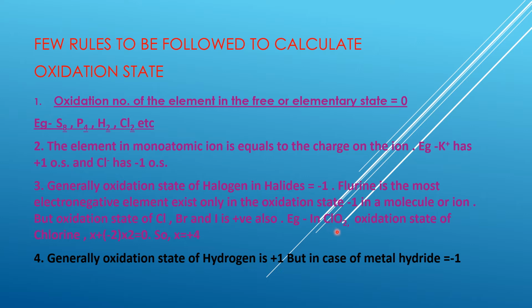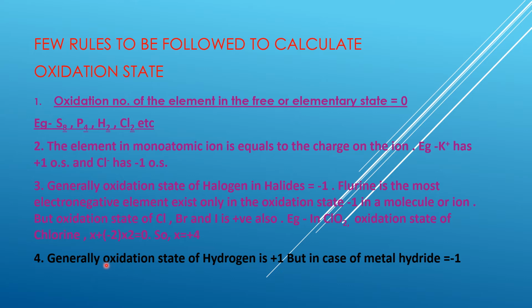If we are taking the molecule ClO2, oxygen is more electronegative, so the oxidation state of chlorine will be positive. The oxidation state of oxygen is -2 and there are 2 oxygen atoms, so this is -2 into 2. Finally the oxidation number of chlorine will be +4.